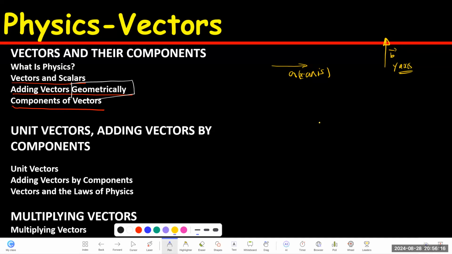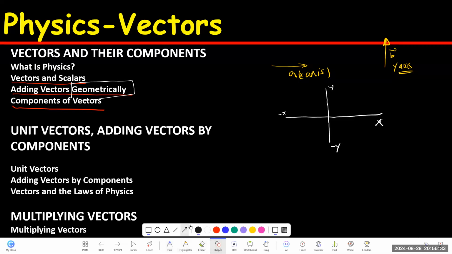The problem is that sometimes we have a vector which is at an angle. For example, I have this x-axis, y-axis reference frame. This is x, this is y, this is minus x. Let's suppose I have a vector here, I'll draw the vector here.